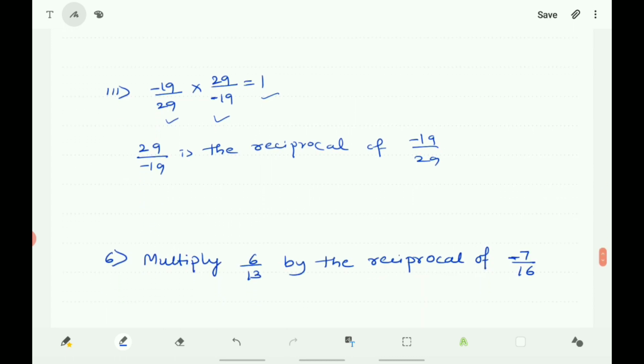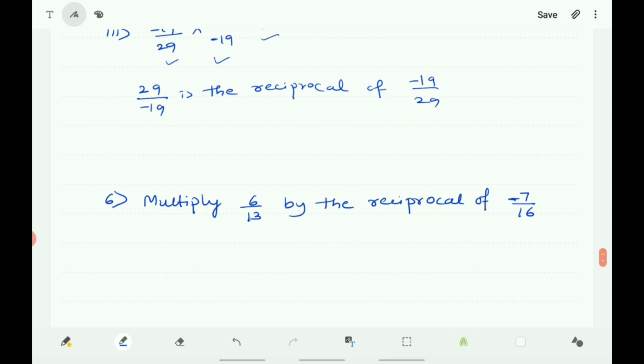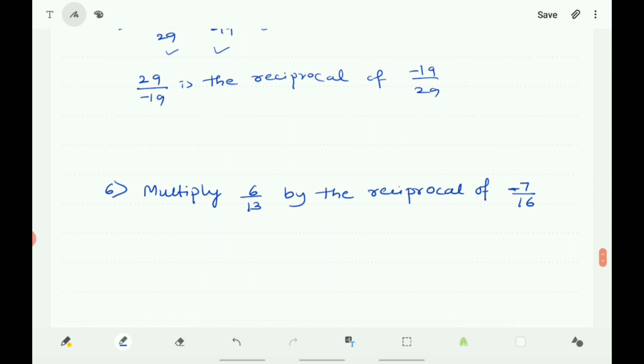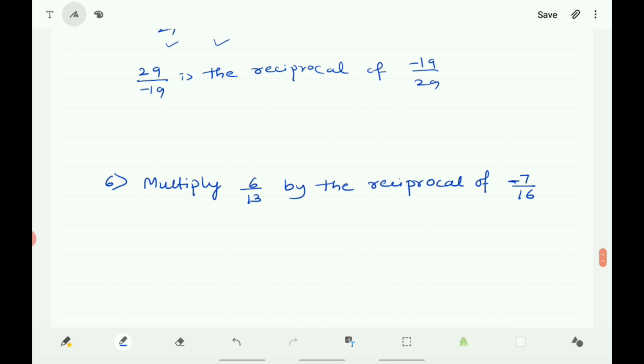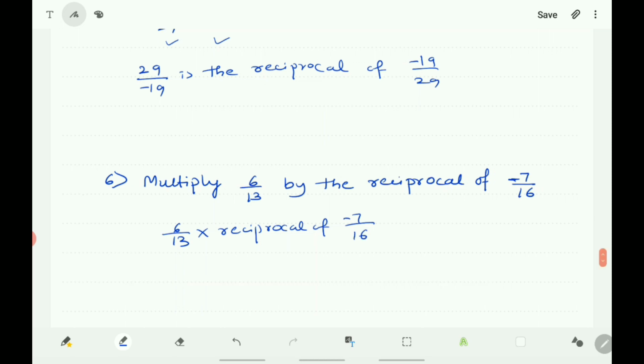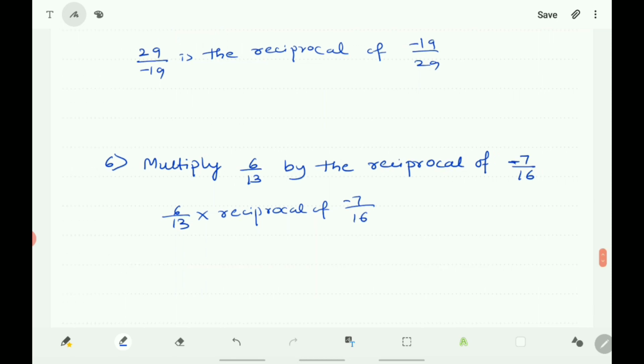Next, multiply 6 by 13 by the reciprocal of minus 7 by 16. Here 6 by 13 into the reciprocal of minus 7 by 16, what is it equal to?